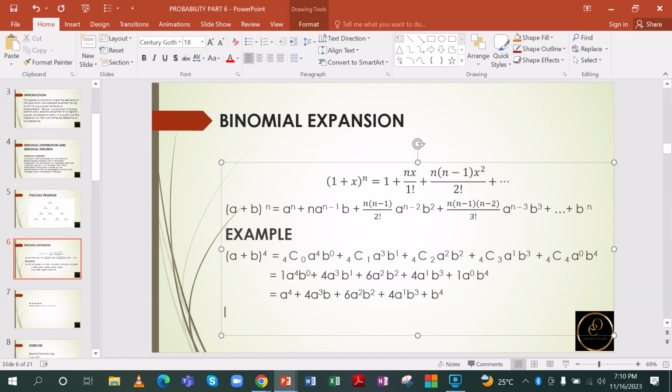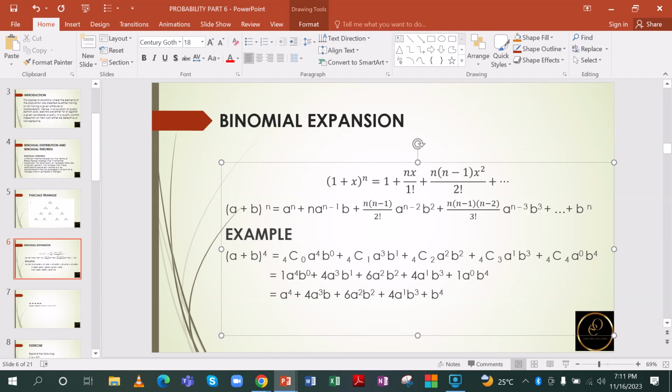Then the next one: a combination of 4 items taken one at a time. When you work it out like I've demonstrated, it gives you 4 as a coefficient, so 4 before a raised to power 3 and b to the power 1. This is the expression you are seeing here.